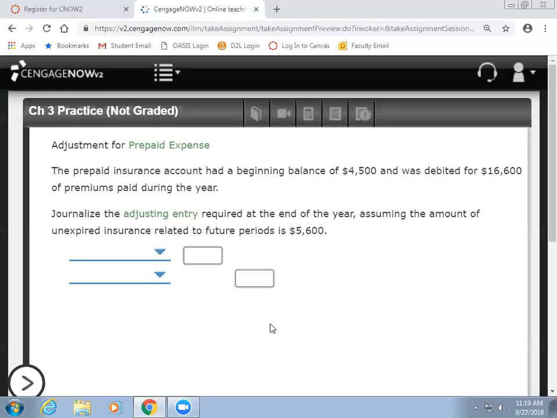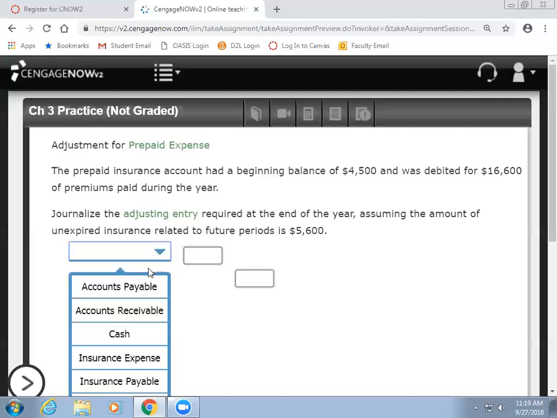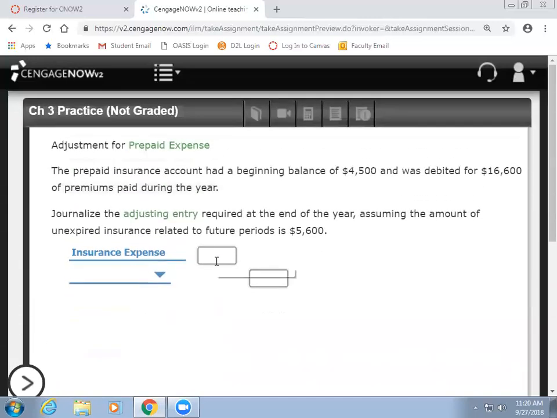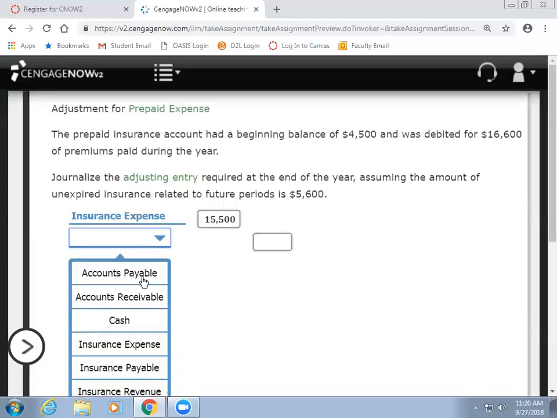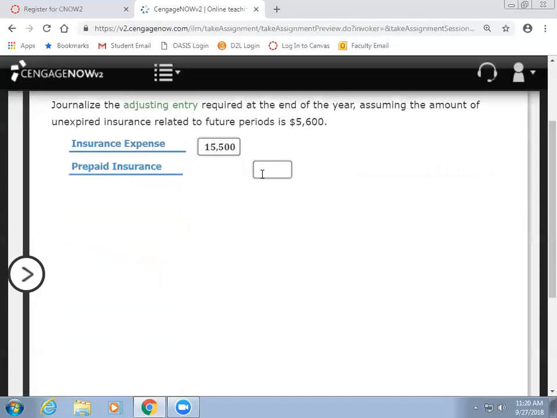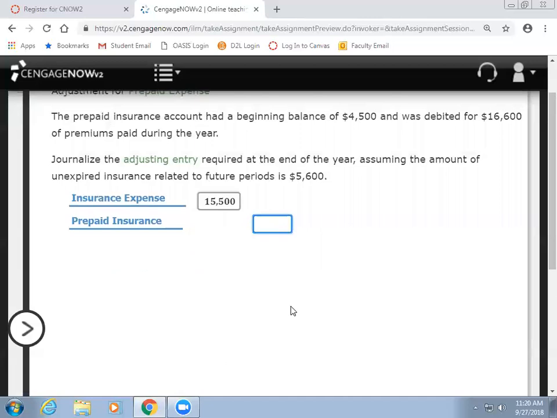So the adjusting entry here, what would I debit? If I'm showing used up insurance. Insurance expense, very good. So we're going to debit insurance expense for the $15,500. You got it, very good. And we credit prepaid insurance, the $15,500, which is shown right there.